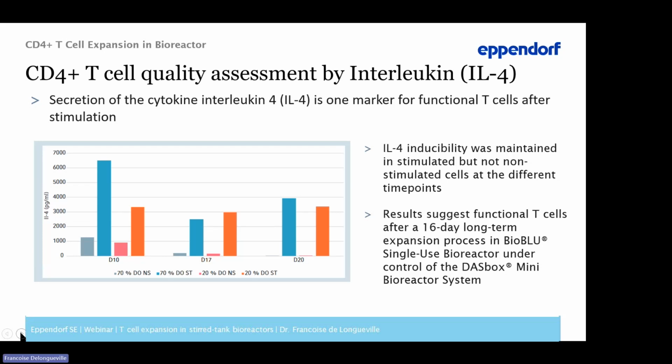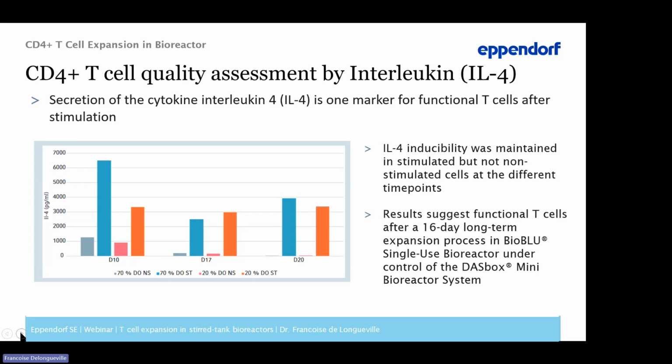Bioculture was sampled at different time points, day 10, day 17, and day 20, and T cells were either left untreated or stimulated with PMA and ionomycin for 24 hours. The level of secreted interleukin 4 was measured in the supernatant using a human ELISA kit for interleukin 4.